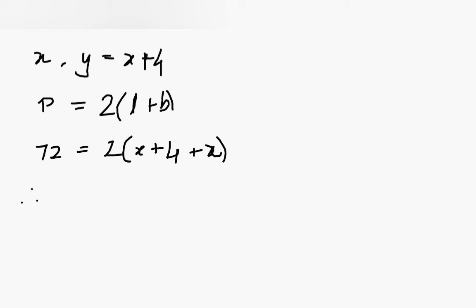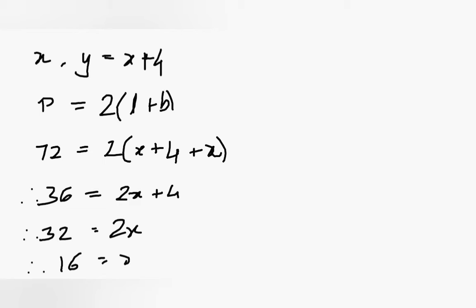We divide by 2, so it becomes 36 is equal to 2x plus 4. Now we subtract 4, so it becomes 32 is equal to 2x, and we divide by 2, so we get 16 is equal to x.